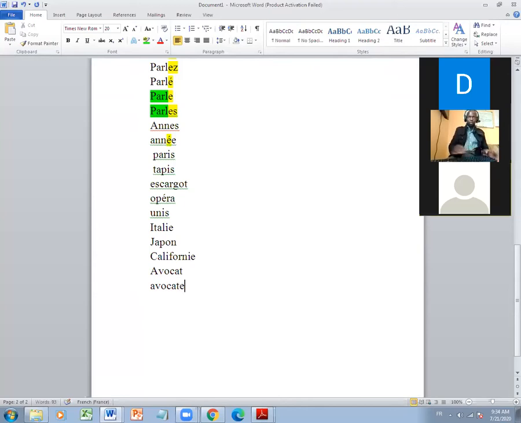Avocado. The first one is avocado, and this is avocado. Yeah, the last one is avocado, and the second one, do you pronounce letter T?